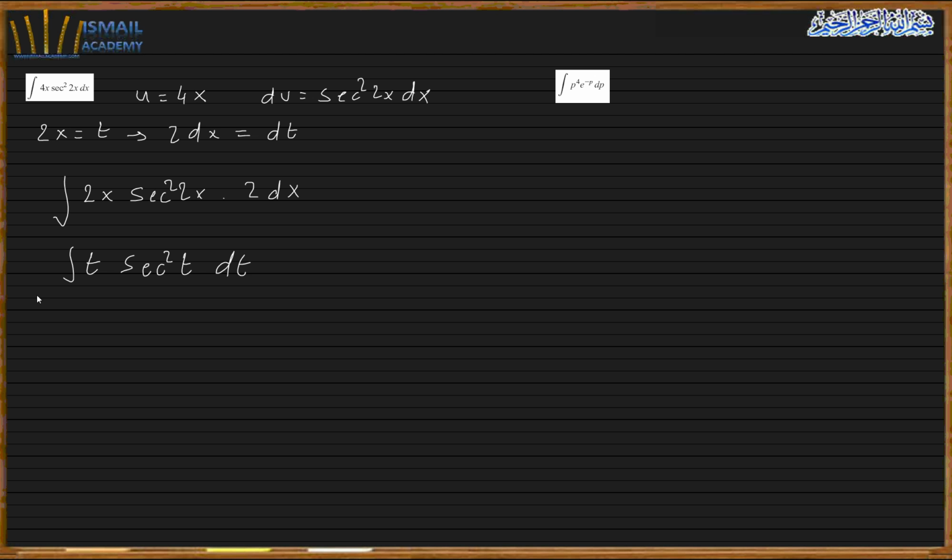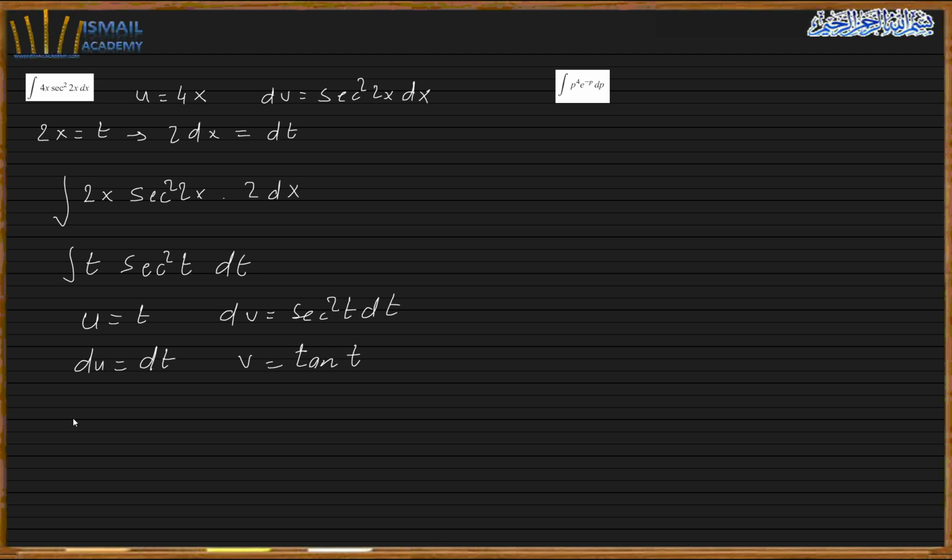Always simplify your expression. It makes you save time and you go fast when it comes to integration by parts. So here my u is straightforward, like I say, u will be my t, and dv will be secant square t dt. So my du will be dt and my v will be just tangent of t.